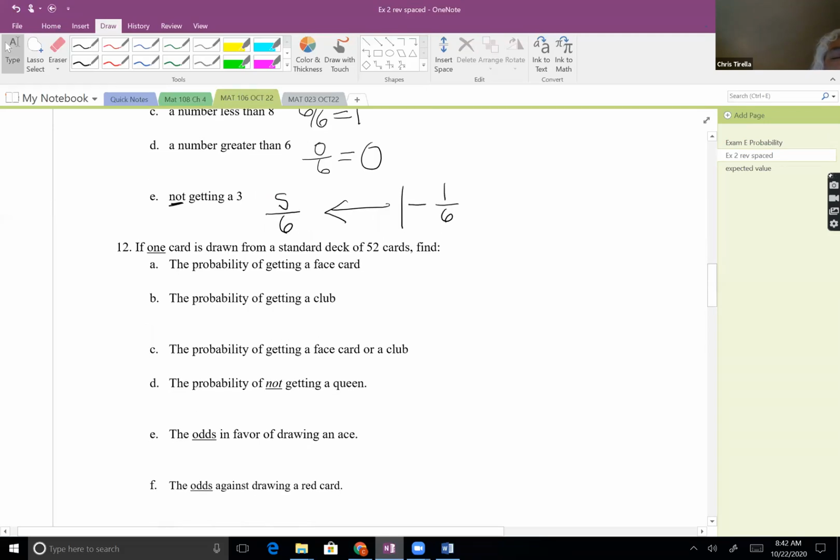Let me double check. I do believe that in my labs, when there's a card question, they give you a picture of a deck of cards.